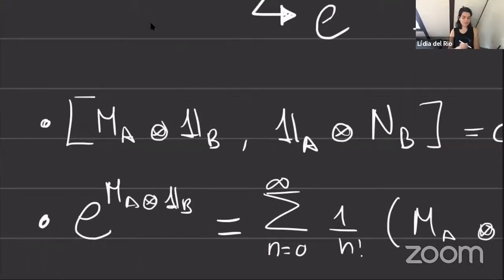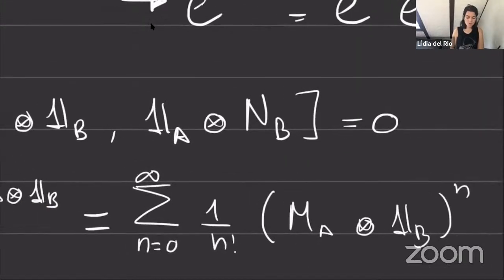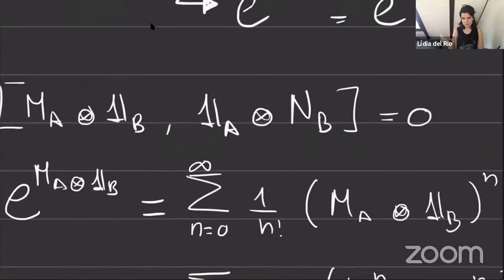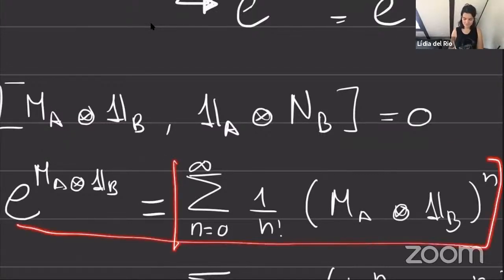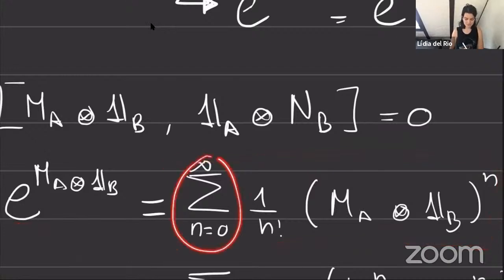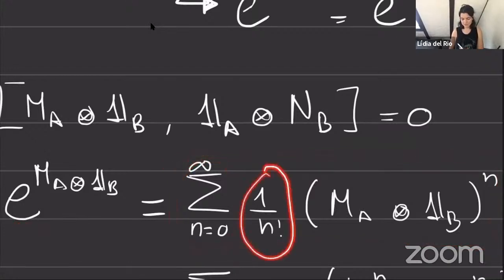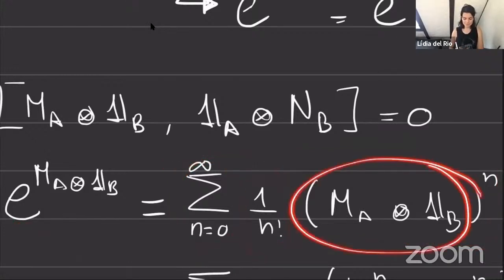So the trick is always, let's start with the exponential of some arbitrary matrix on the first subsystem and identity on the second. As per usual, like you did in the tutorial, we do a Taylor expansion of the exponential, which is the sum over n, 1 over n factorial, and then whatever was in the exponent to the power of n.